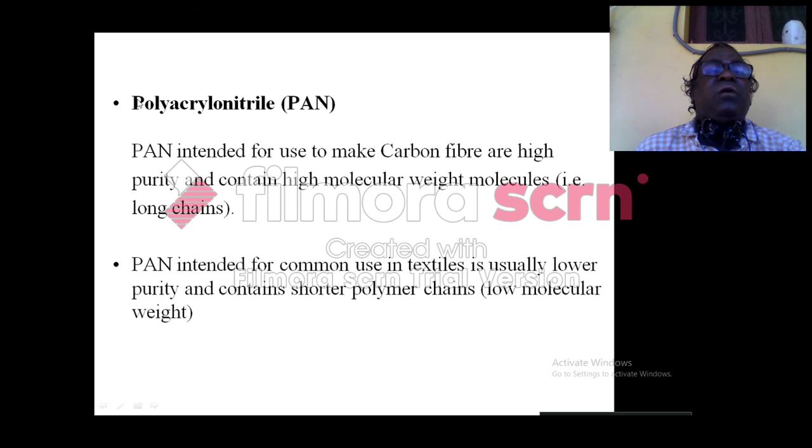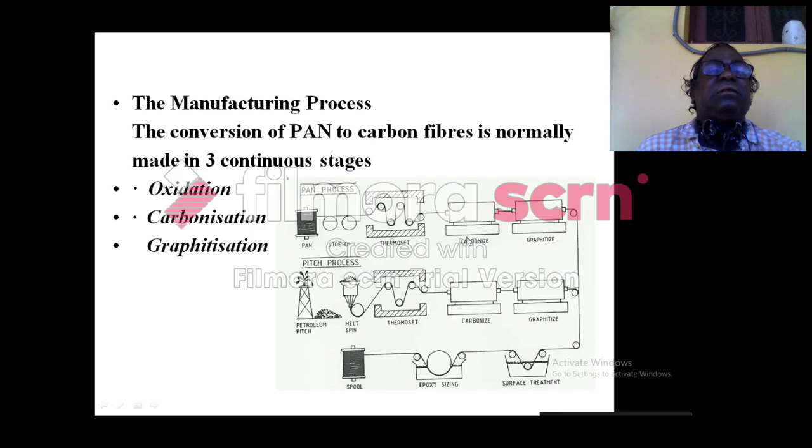PAN is polyacrylonitrile. It is one type of polymer, also used as a matrix.